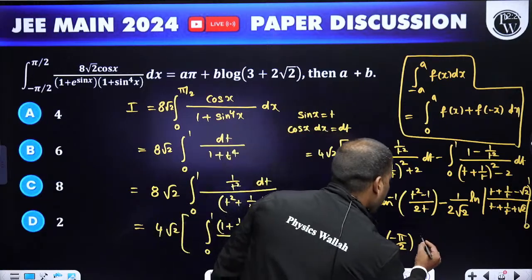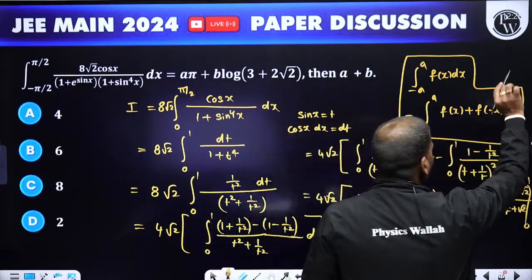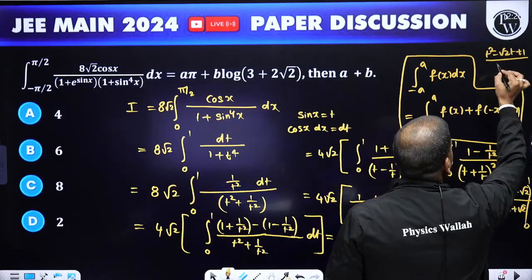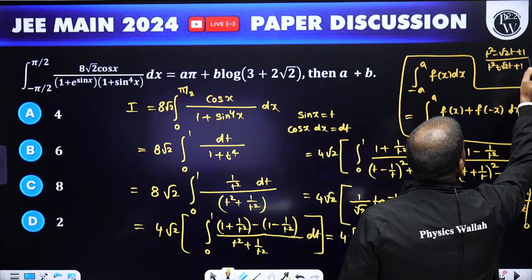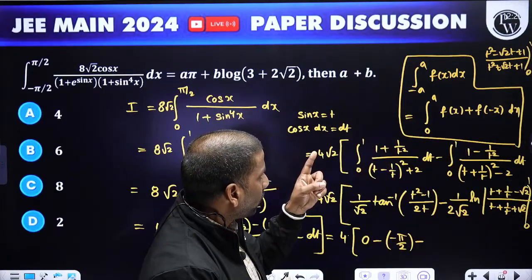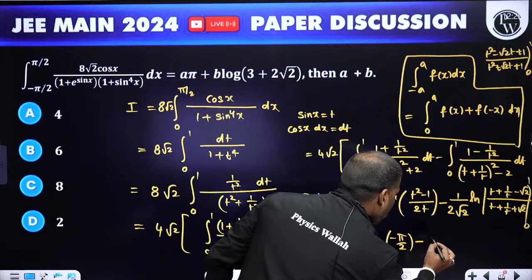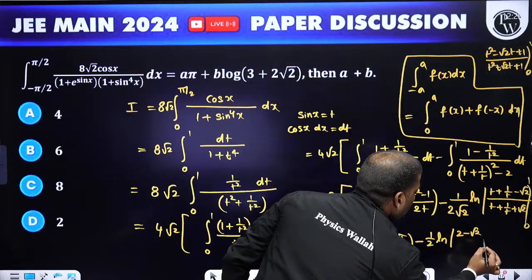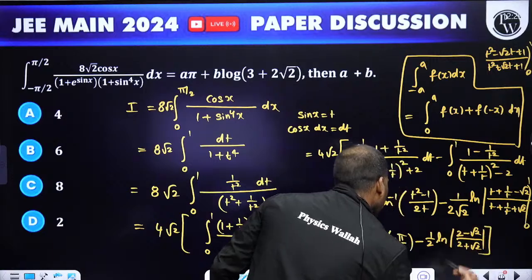Next, minus, here you apply t square minus root 2t plus 1 by t square plus root 2t plus 1, limits 0 to 1. When I substitute 1, what do I get? 1 minus root 2 plus 1, that is 2 minus root 2, 1 by 2 ln of 2 minus root 2. What about the denominator? Obviously 2 plus root 2. This is what it is, correct?